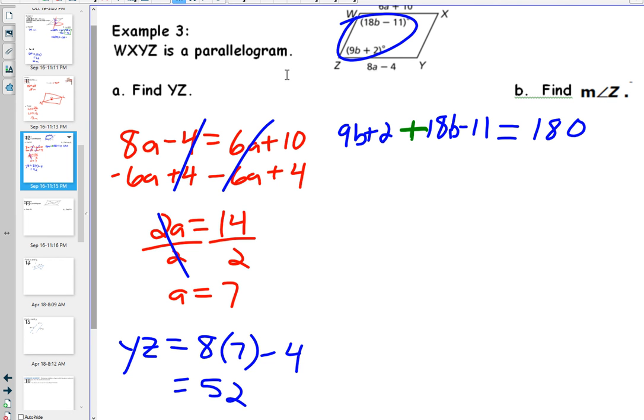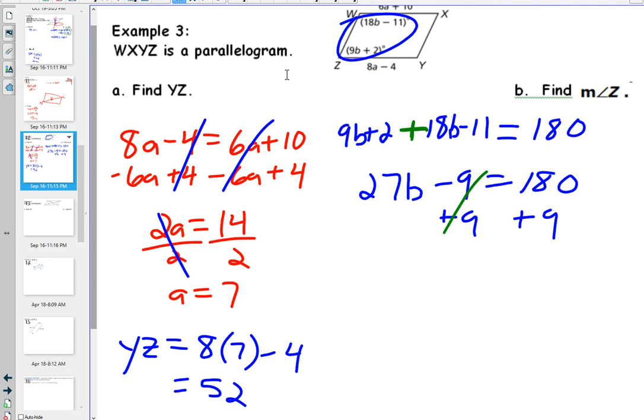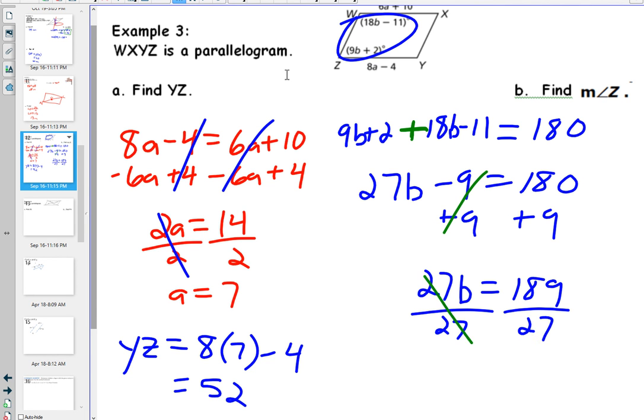The cool kids like to combine like terms. So we get 27b, and 2 minus 11 is minus 9. Plus 9, plus 9. You probably need your calculator now. Divide by 27. 7? Yeah, 7 sounds right. And yeah, we're done.